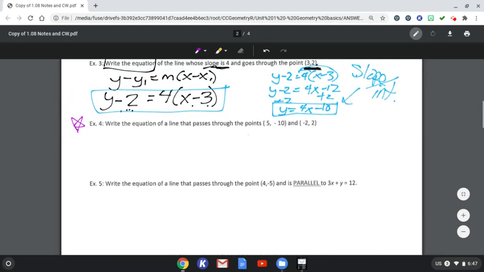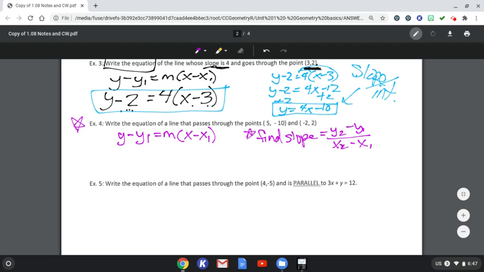So this process is a little bit different because if we go to use our point slope formula, y minus y1 equals m times x minus x1, we don't have a slope. So the first step we need to do here is to find the slope, and that's where we're going to use y2 minus y1 over x2 minus x1. And I talked about that formula at the beginning of our equation.